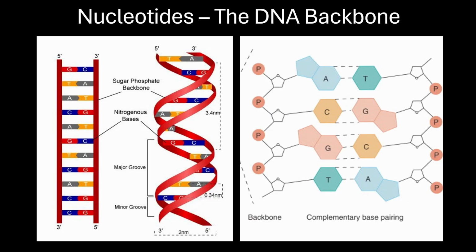This is another view of that structure, and I really want to point to this backbone. I want us to understand all parts of this molecule, not just the information containing parts, like the actual nucleotide bases, but also the backbone that is made of familiar sugars, these deoxyribose sugars, which is where the name deoxyribonucleic acid comes from, and then we have phosphate groups that link each of these sugars together.